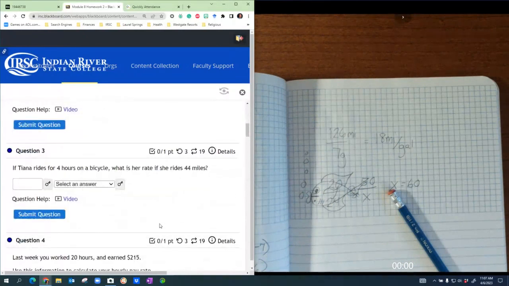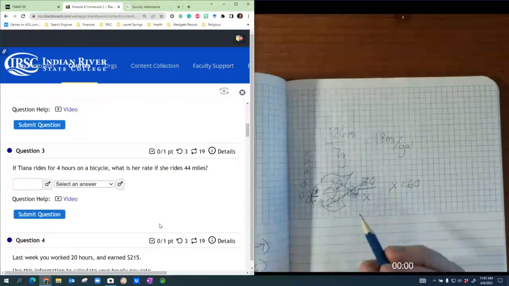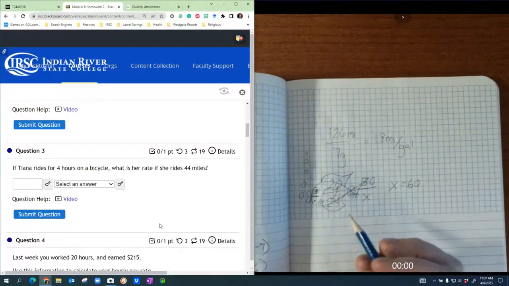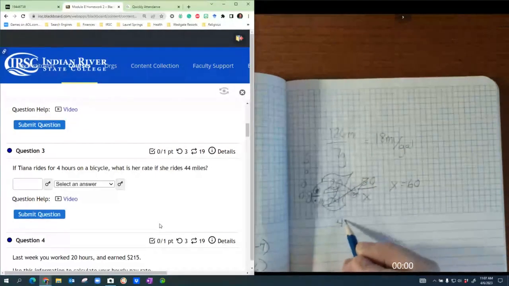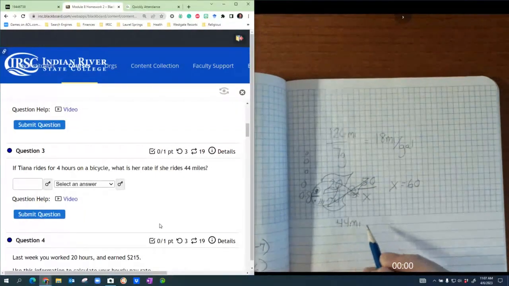Now it says Tiana rides for 4 hours on a bicycle. What is the rate if she rides 44 miles? So we're looking at how many miles per hour. So we could take the 44 miles that she's going and divide it by 4 hours.